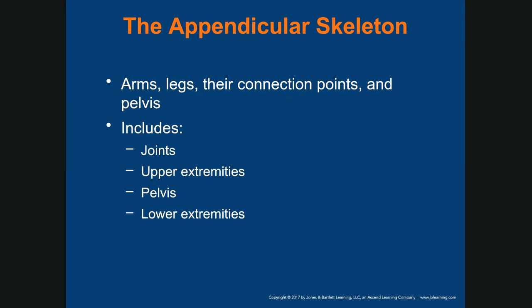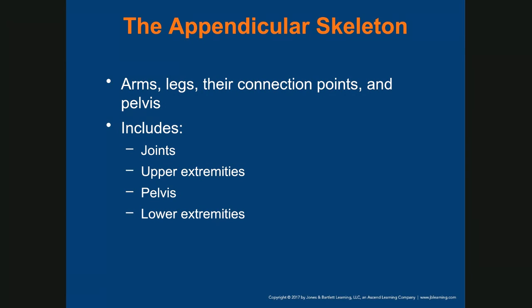That's the shoulder girdle and the pelvic girdle. The appendicular skeleton consists of the arms, legs, their connection points, and the pelvis. It includes joints, upper extremities, pelvis, lower extremities.